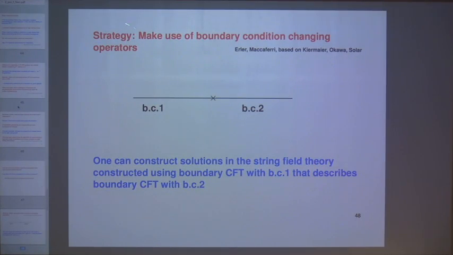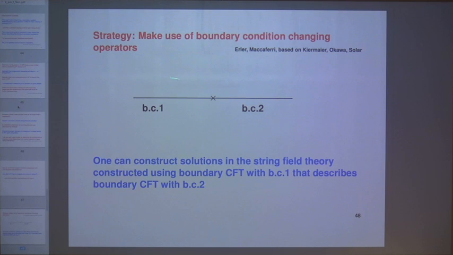So they gave a way to construct a solution of this kind, and they made use of what are called boundary condition changing operators, which are vertex operators inserted at the boundary, with the property that on one side you have one boundary condition, say a D1 brane boundary condition here, and on the other side you have another boundary condition, say in this example a D0 brane boundary condition here. And by making use of these operators, they could construct explicit classical solutions.